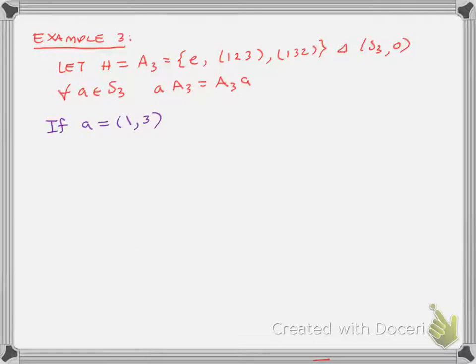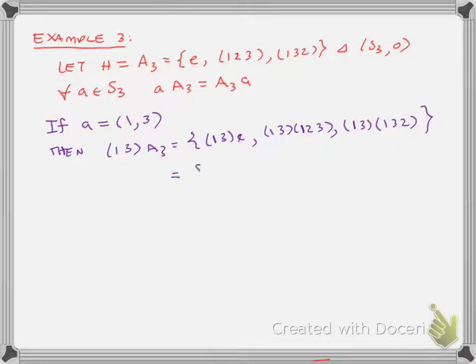Let's start with the left coset. (1 3)A3 equals (1 3)e, (1 3)(1 2 3), and (1 3)(1 3 2). If you compose those, and you can pause for a minute to make sure you get what we get below, the first element is (1 3), and the composition gives you (1 2) and then (2 3).